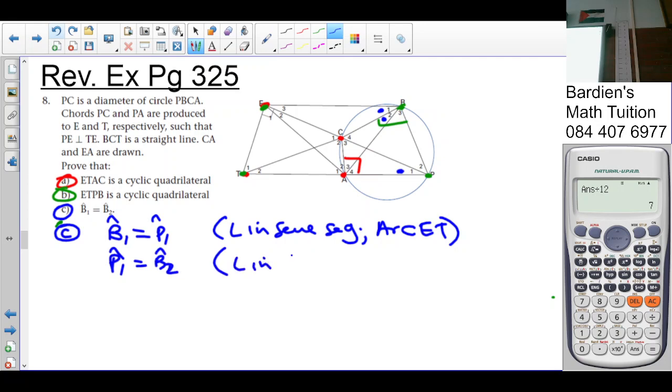Why? Angle in same segment, and that is coming from arc CA. So if B1 is equal to P1 and P1 is equal to B2, therefore B1 has to be equal to B2. And there we go, proven.